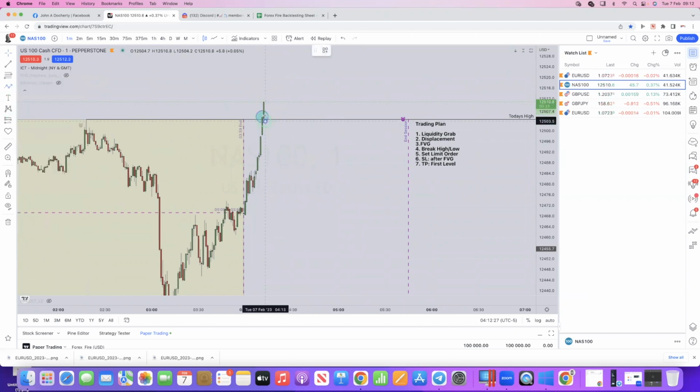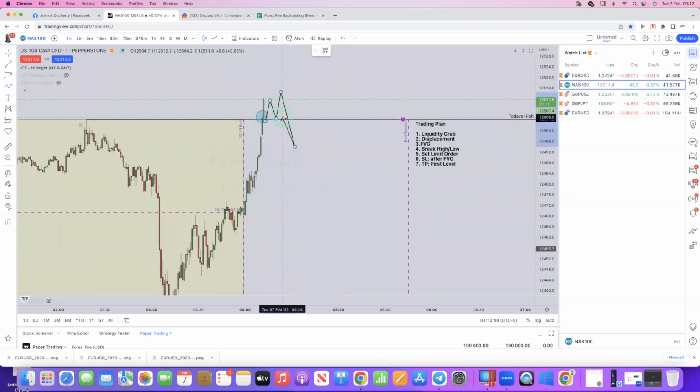Okay, a movement out, which is the liquidity grab. We want to see a movement back in, and it could do one or two things. It could come back up, possibly going higher than what the liquidity grab has done. And then we're waiting for a displacement, where it comes back through.